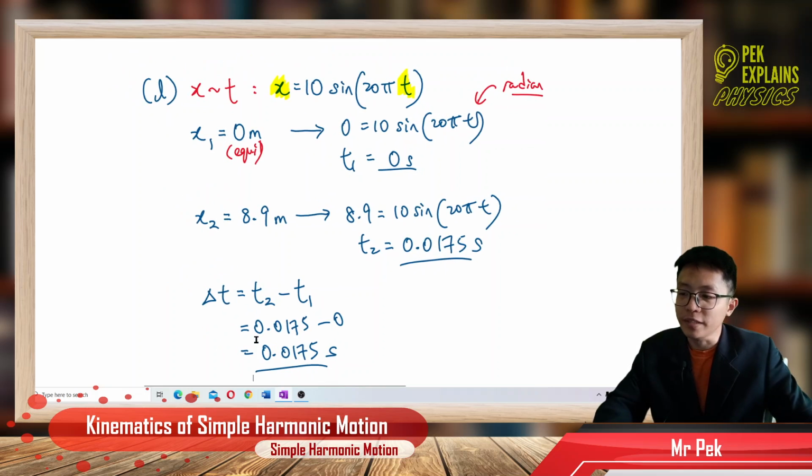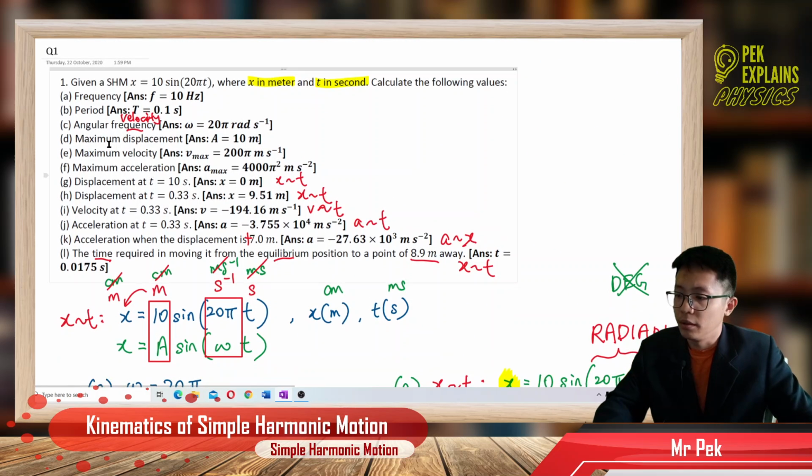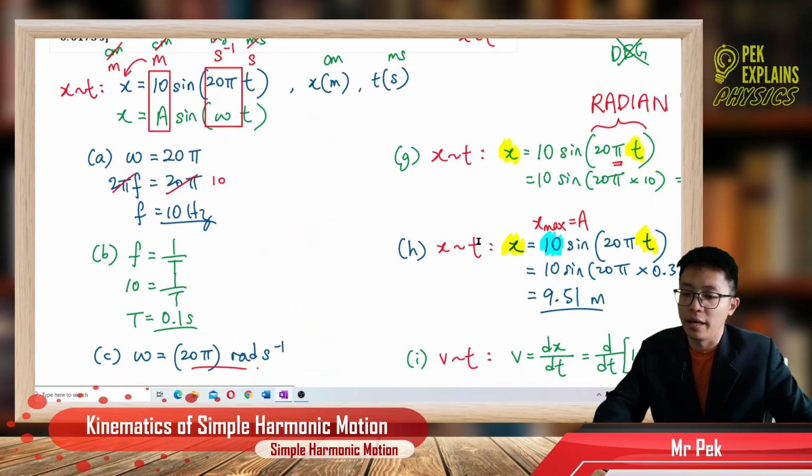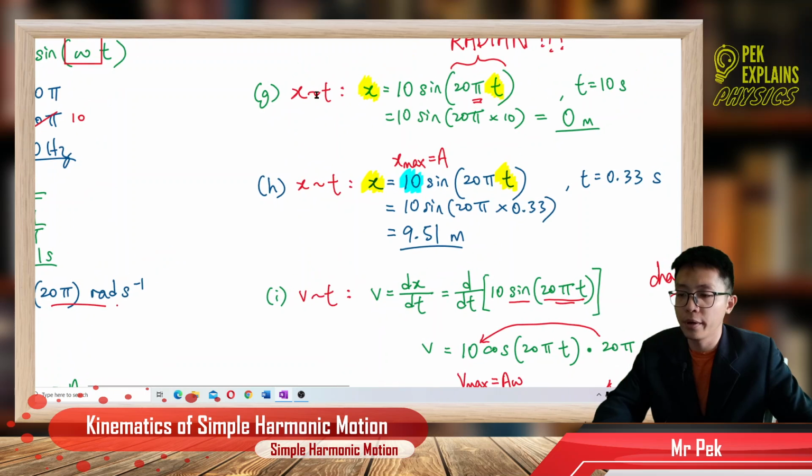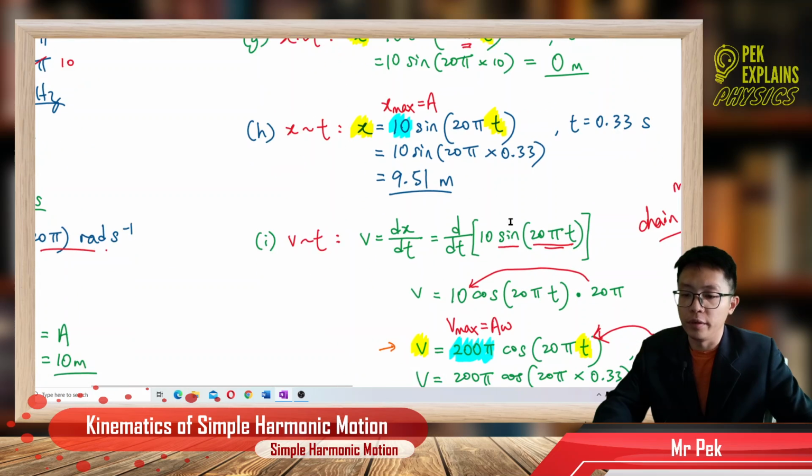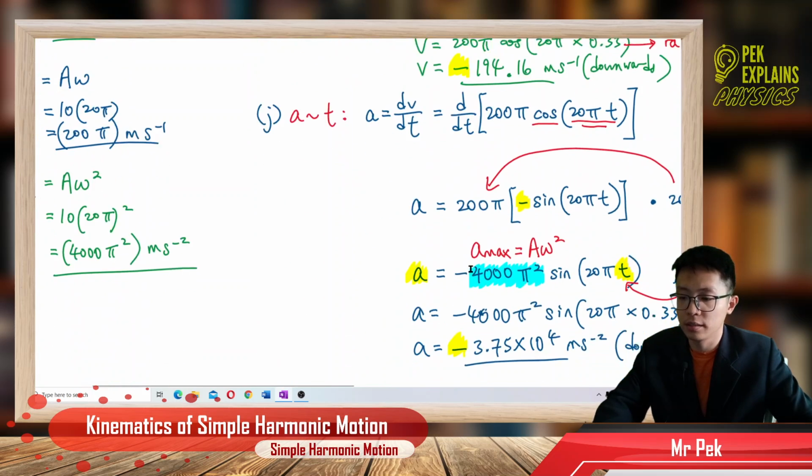Very simple. All you have to do is look at what type of equation is needed. Is it the xt equation, the velocity time equation, the acceleration time equation, or the acceleration versus displacement equation? Then we just use the appropriate formula. If we need to differentiate, we just differentiate.